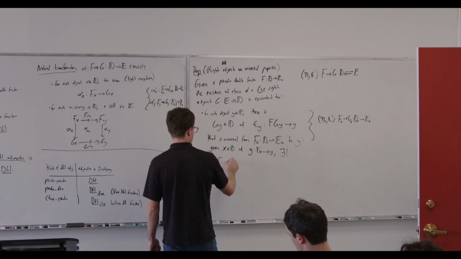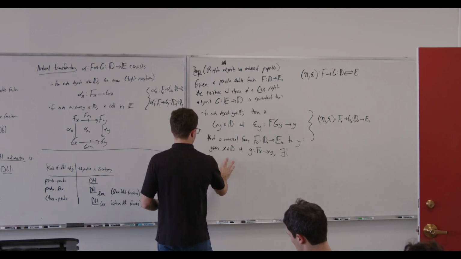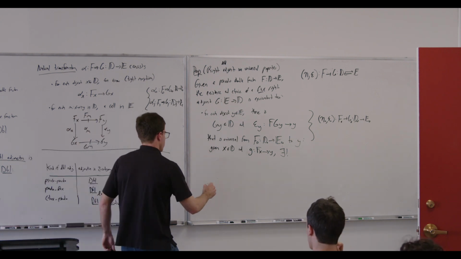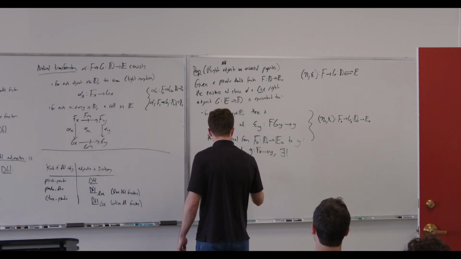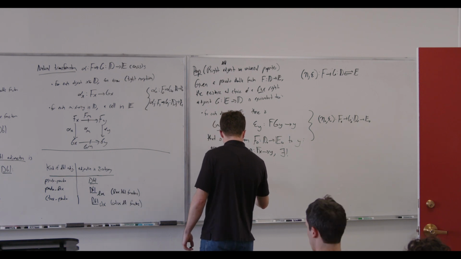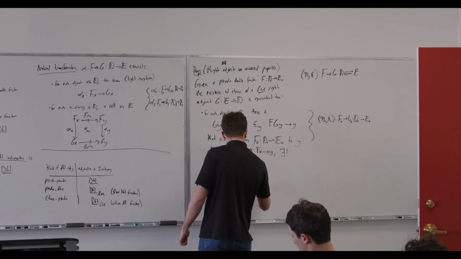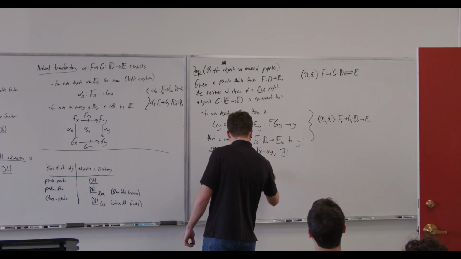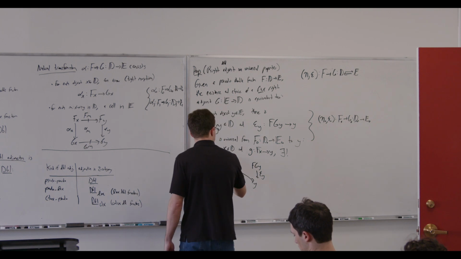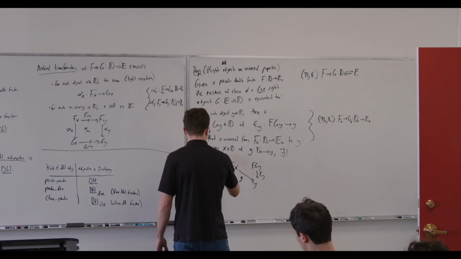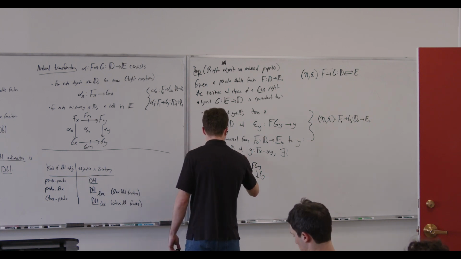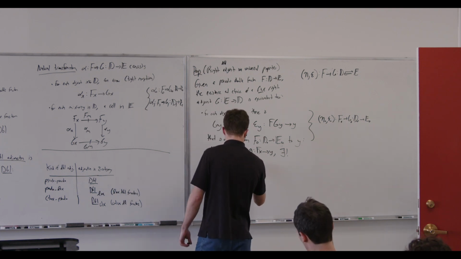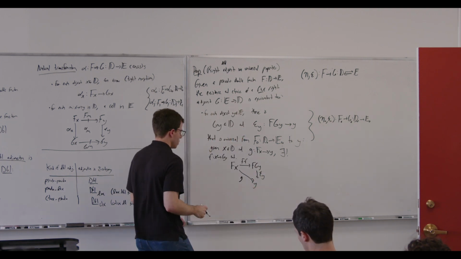Wait, all right, let's draw the picture. The picture that I'm going to end up having is G y, epsilon y. So that means there exists a unique f from x to G y such that this triangle commutes. This is something quite familiar.